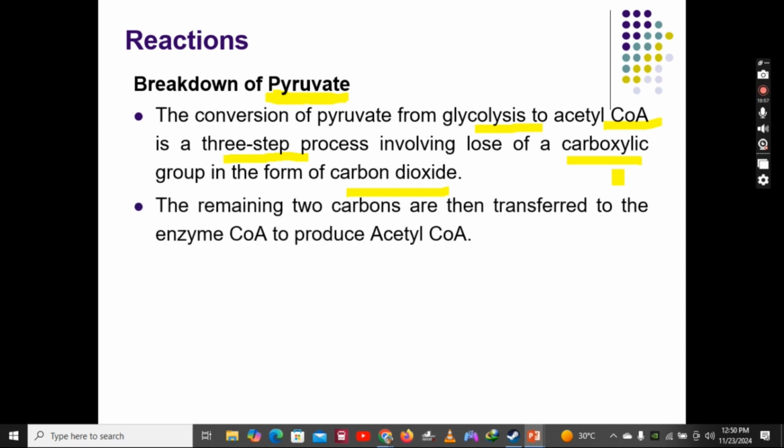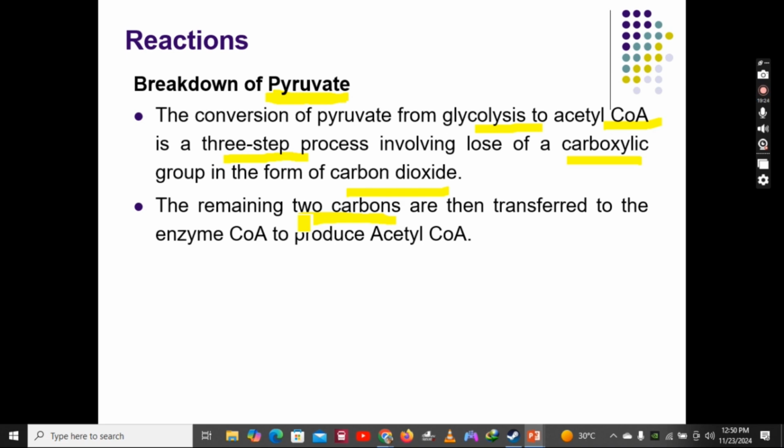Pyruvate has 3 carbon atoms. So once one carbon atom has been removed and carbon dioxide has been produced, the pyruvate molecule will remain with 2 carbon atoms.